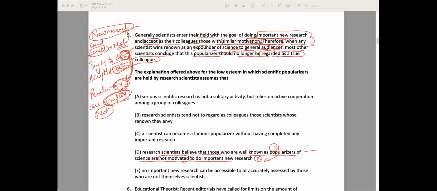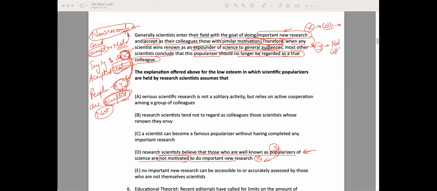But does this make sense? Whatever we are saying in option D, at least as a reasoning. No, but my confusion is not resolved, that why scientists, like those who do research, cannot be popular like that. No, we are not trying to find reason for that. What we are trying to see is the author says people who are trying to do X are accepted as colleagues, right? Therefore, people who are trying to do Y are not accepted as colleagues.